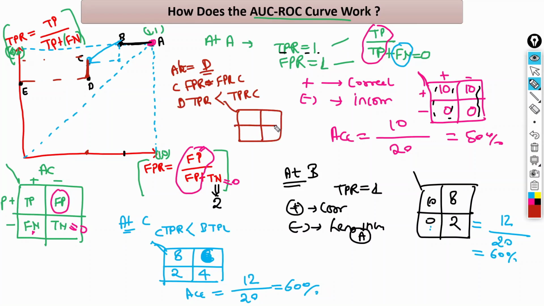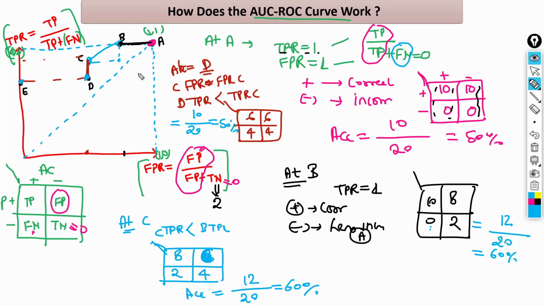FPR is the same, so this would be 6 and 4, but TPR is less, so we also introduce some false negatives. We can say 4 and 6. So what would be the accuracy at this point? We can say 10 divided by 20, which means 50% accuracy we will get at point D.